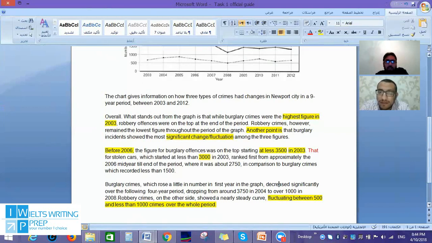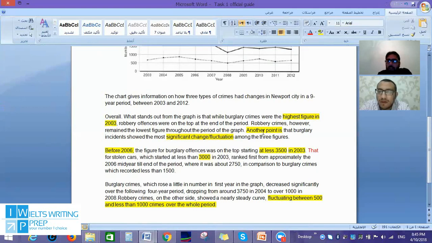Let's take a look. The chart gives information on how 3 types of crimes had changed in a 9-year period between 2003 and 2012. Overall, what stands out from the graph is that while burglary crimes were the highest figure in 2003. Now, in the overview, I would stay away from mentioning figures as much as possible.